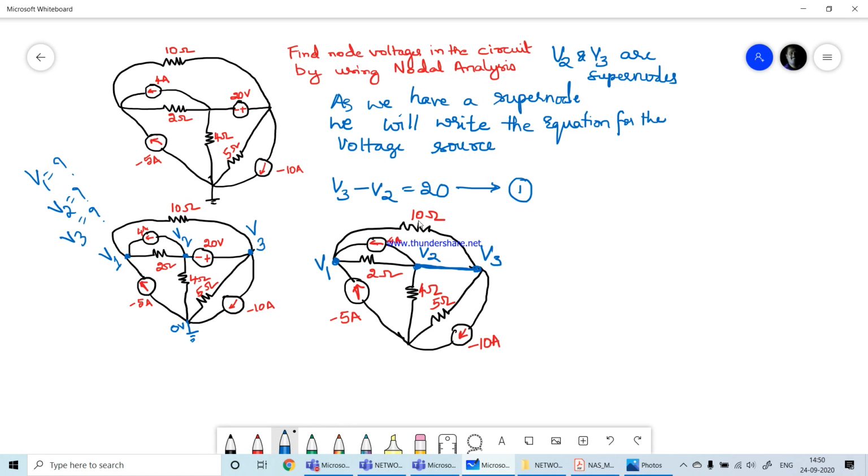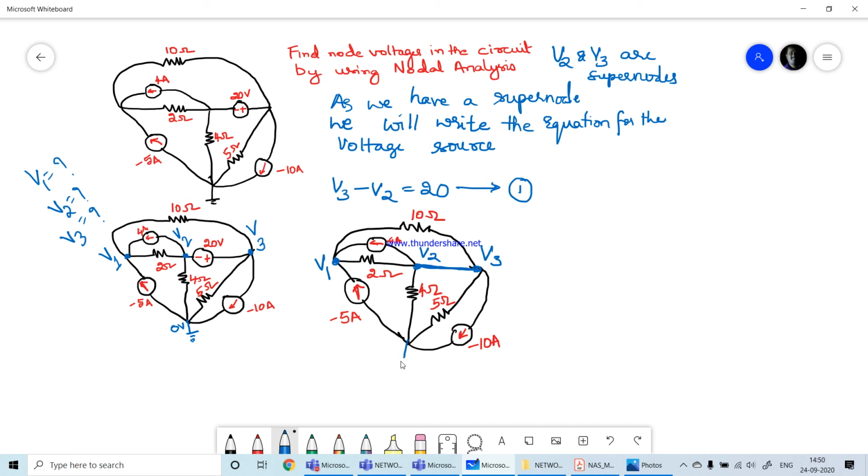Now I'll write the separate equations for this super node. Sir, can we convert the current source between V1 and V2 to a voltage source and take another super node? Not required. I'll tell you why it is not required.